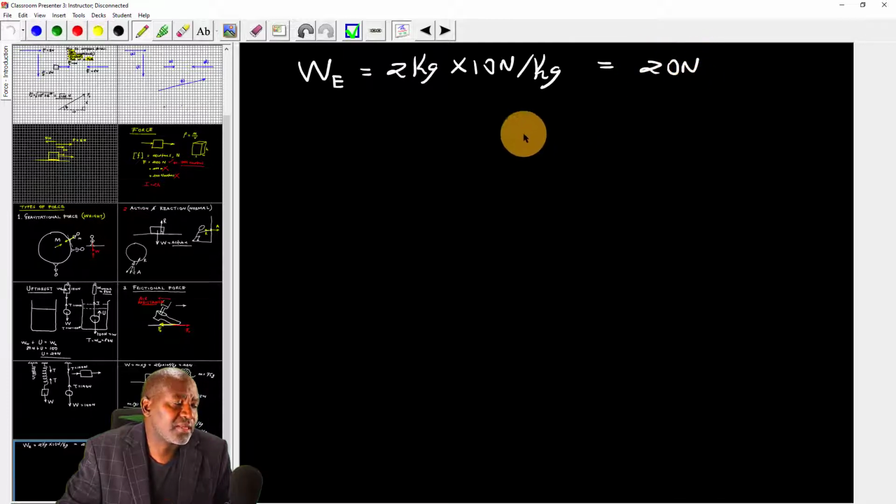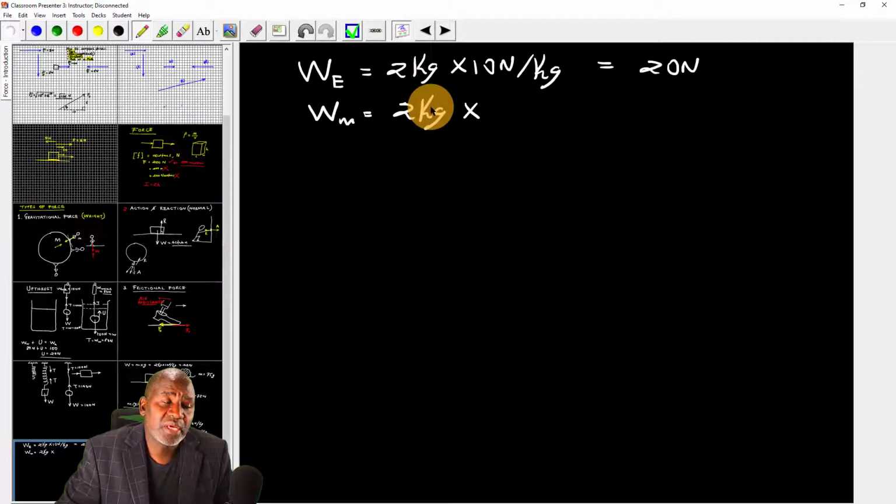So that is on Earth. Let me take this object to the moon and determine its weight. Again, the mass is 2 kilograms. The mass of an object does not change. However, on the moon, the value of the gravitational field strength is 1.67 newton per kilogram. Sorry for that mistake.